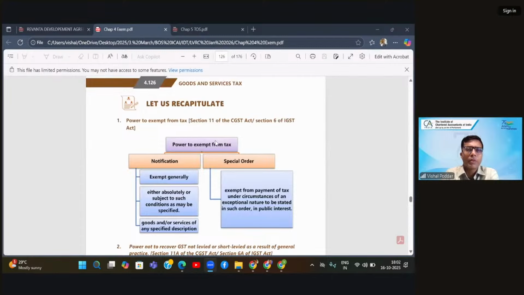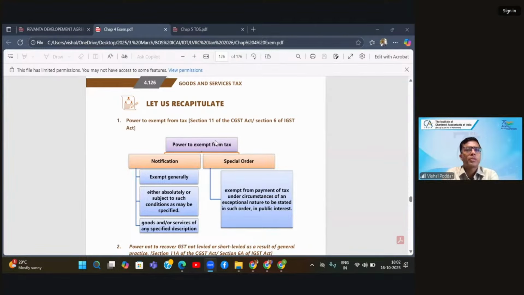Now, what is interesting is where the lawmaker does not want to tax something like alcoholic liquor for human consumption, ENA, or even today petroleum products, the simplest way of doing that is keeping it outside the charging section. However, there is a difference when it comes to exemption.